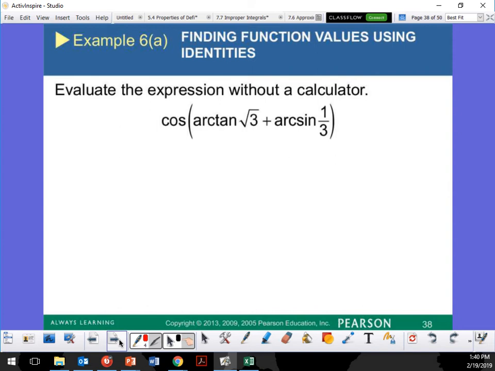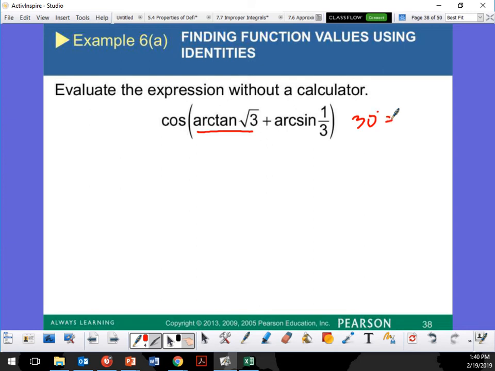So I'm going to go off to the side over here first. Now, arctan means: where is tangent going to equal rad 3? We know tangent is y over x, right? So in degrees, 30 degrees would be where?